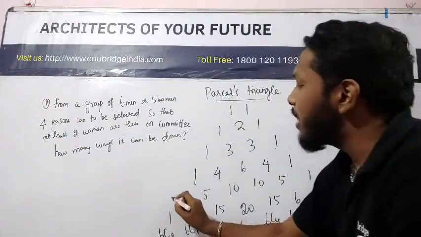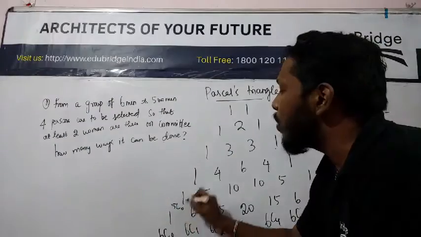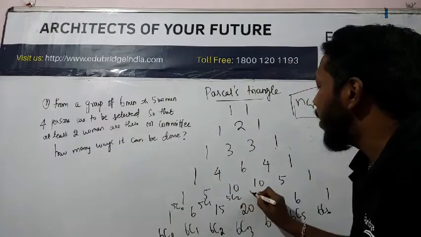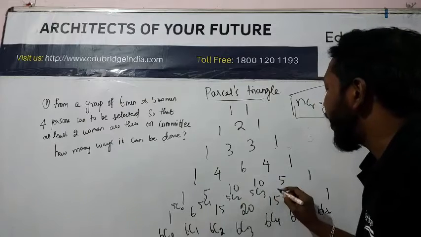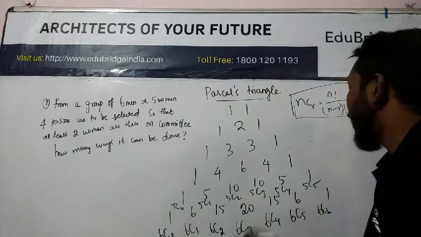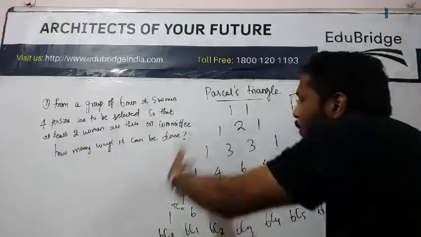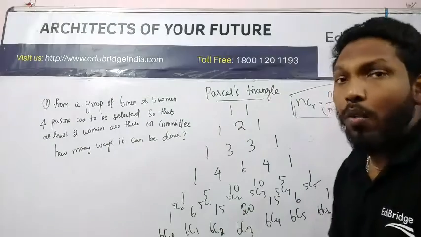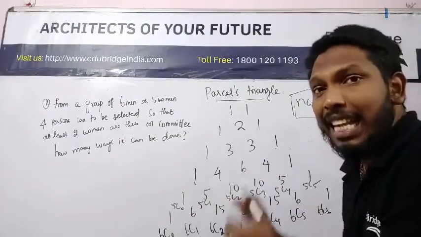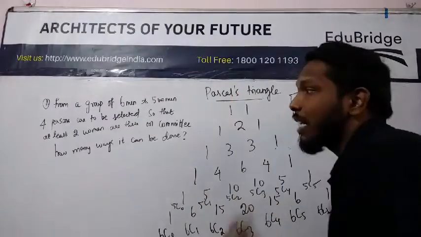For the row above, 5C0 is 1, 5C1 is 5, 5C2 is 10, 5C3 is 10 again, 5C4 is 5, 5C5 is 1. All the values go in that way. So if you want to find a combination, you can easily find it using Pascal's triangle.